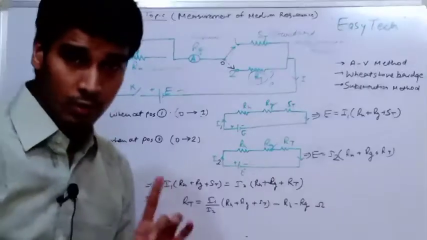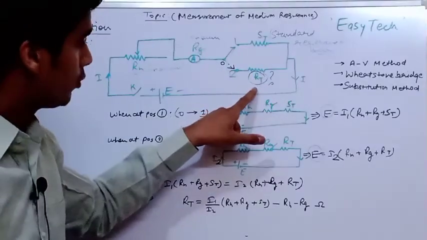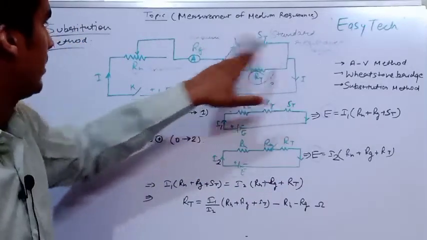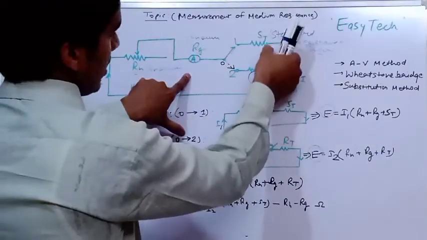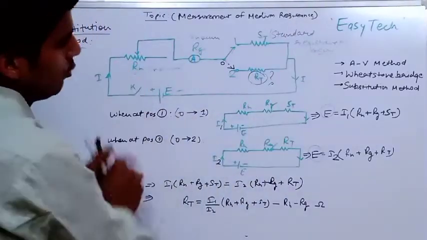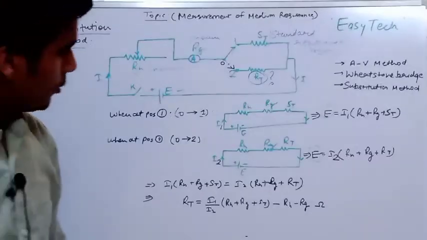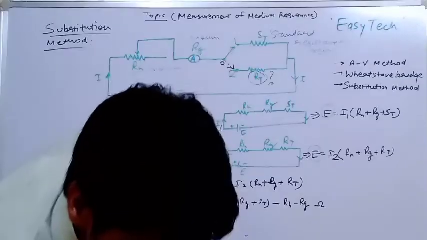If the supply current are same, I1 and I2 are same, that means the value of S that is required should be equivalent to RT, because ST पहले इस केस में कैलकुलेट किया था, ये आपके सेम थे, ST आपने कैलकुलेट किया हुआ था. अगर आप RT की वैल्यू ST के इक्वल रखेंगे तो ऑब्वियसली I की वैल्यू सेम होगी, तो इन दोनों केसेस में I1 और I2 की वैल्यू सेम हो जाएगी. सो ओके, so this was the basic method to calculate medium resistance through the substitution method.